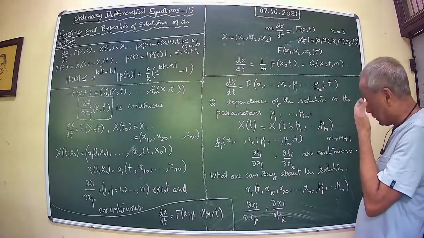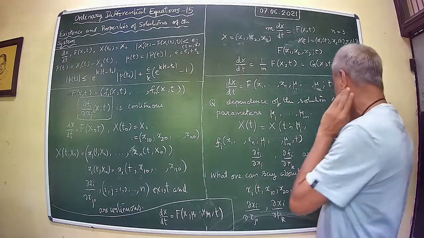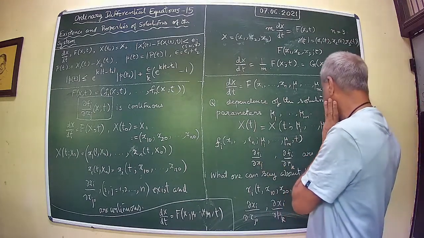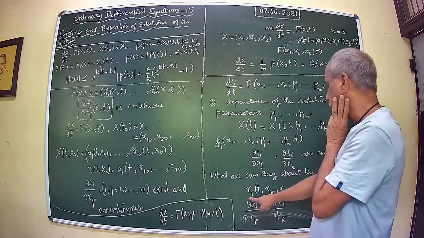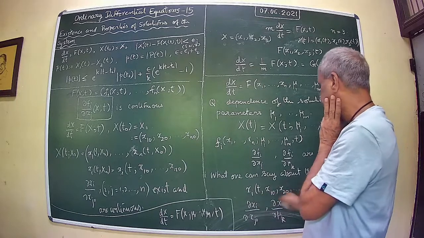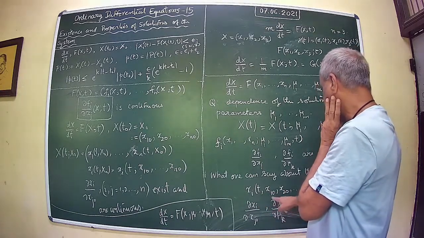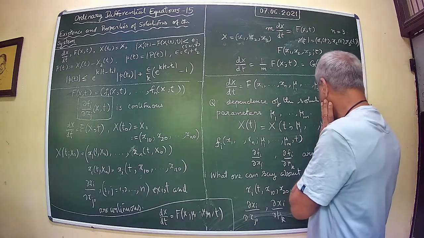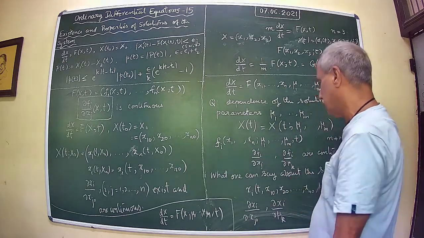So this is what you can prove, that if they are continuous and if the partial derivatives of these are also continuous, then the corresponding partial derivatives of the xi's with respect to t as well as x1 naught, x2 naught, etc., xn naught, mu1, mu2, mu_m, are all continuous.